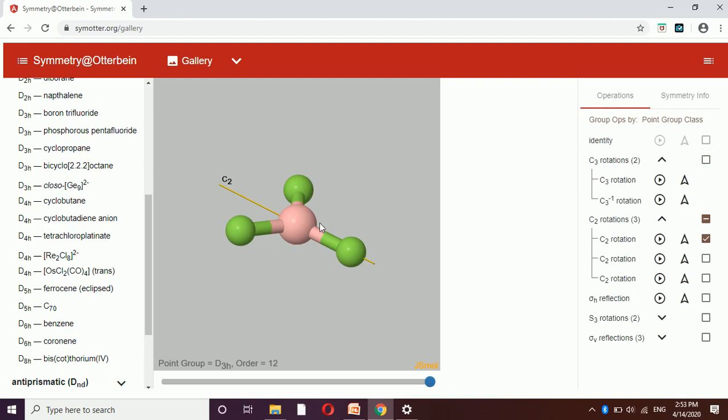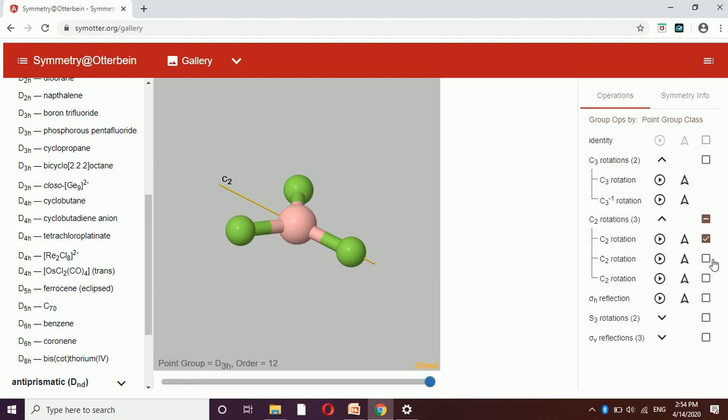Untick the C3 and you rotate the molecule through that axis. Here the rotation is about 180 degree. You get a new image like this. So 360 degree divided by 180 gives you the value of n equal to 2. Therefore it is a C2 axis.